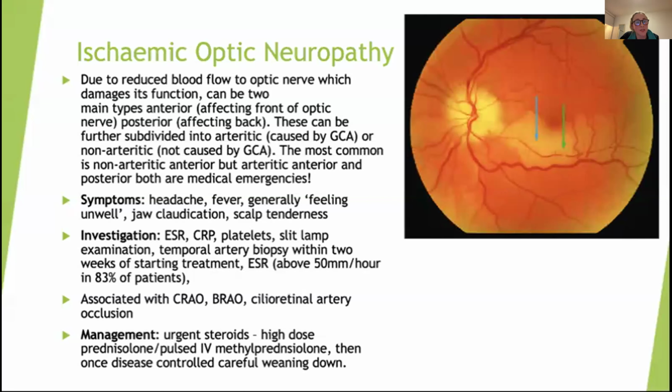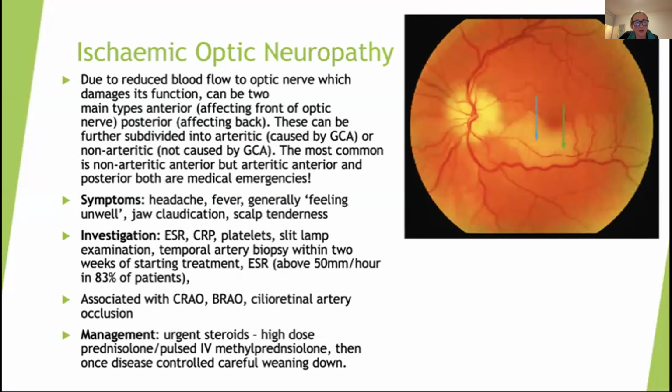And the symptoms of arteritic are the symptoms of GCA, so headache, they might have had a fever, jaw claudication, scalp tenderness. And then investigations, you want to look at the ESR and CRP because that should be raised in GCA, but also look with the slit lamp and temporal artery biopsy if you're thinking GCA, but that should be done within 2 weeks.